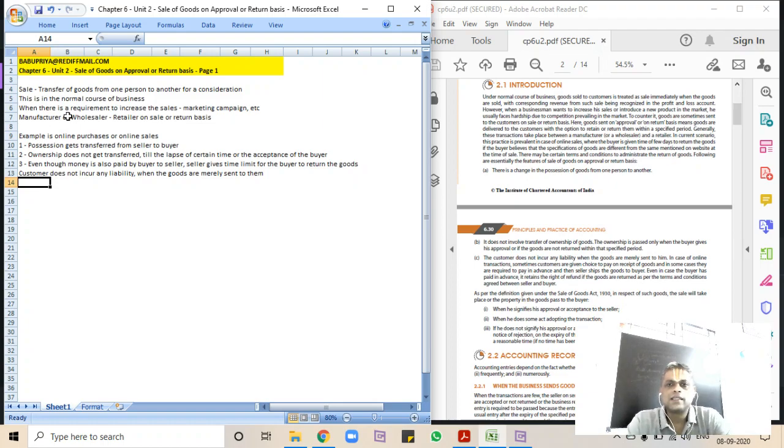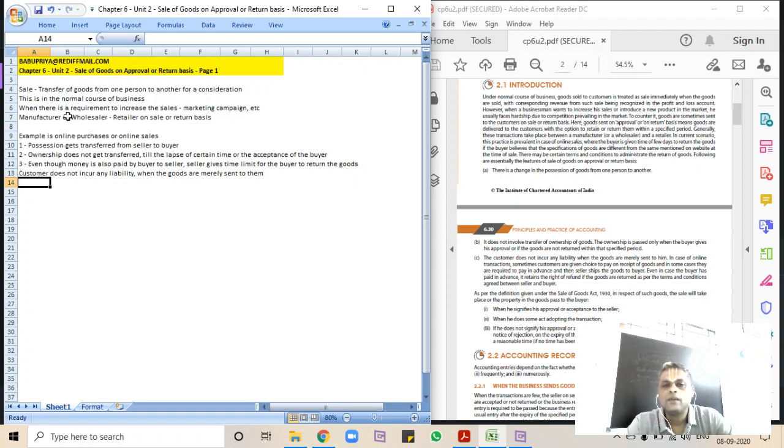When we consider this with respect to the Sale of Goods Act, the Act says the property in the goods passes to the buyer when the buyer signifies approval or acceptance to the seller, or when he does some act adopting the transaction.